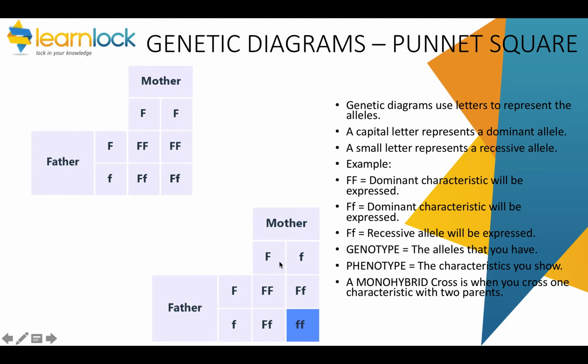In this diagram here, both parents are heterozygous, so there is a 1 in 4 chance of the child actually getting both recessive alleles and expressing that. So 1 in 4 chance of having blue eyes if both parents are heterozygous, which explains why a child might have blue eyes when both parents have brown eyes. They may actually be carrying the blue-eyed allele.